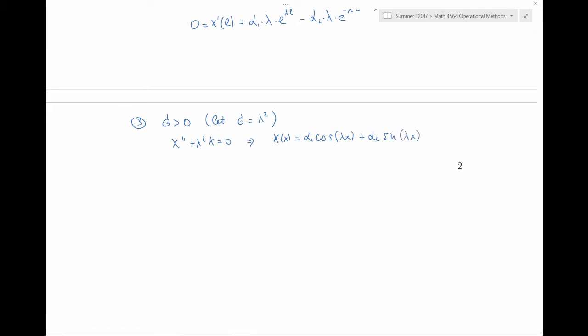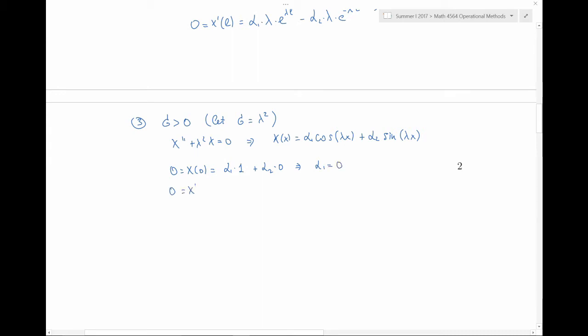If we plug in the boundary conditions, we get that 0 should be X(0), and that means alpha 1 times 1 plus alpha 2 times 0 should be 0, which leads to alpha 1 being 0.